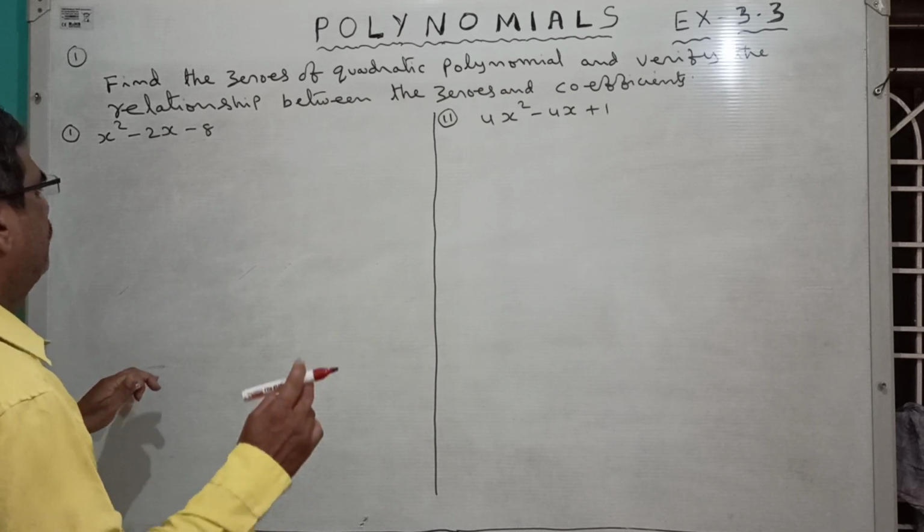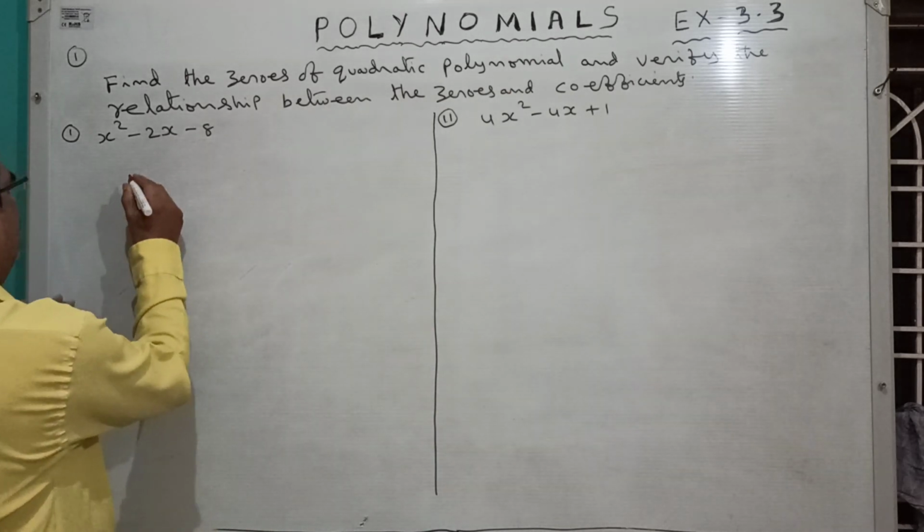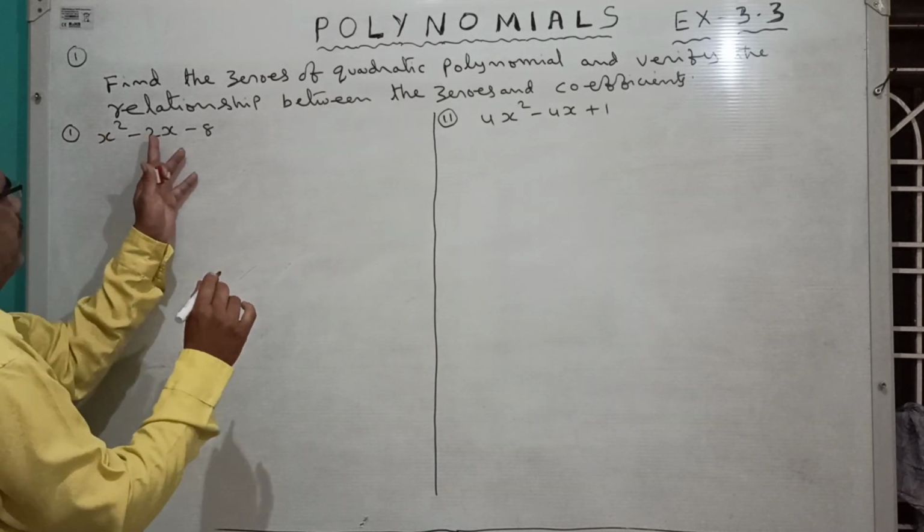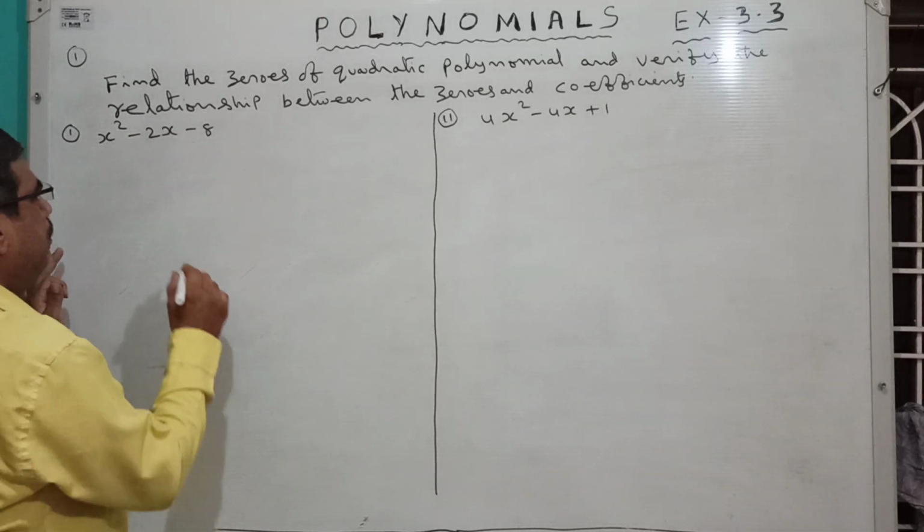So, here x square minus 2x minus 8 is given.